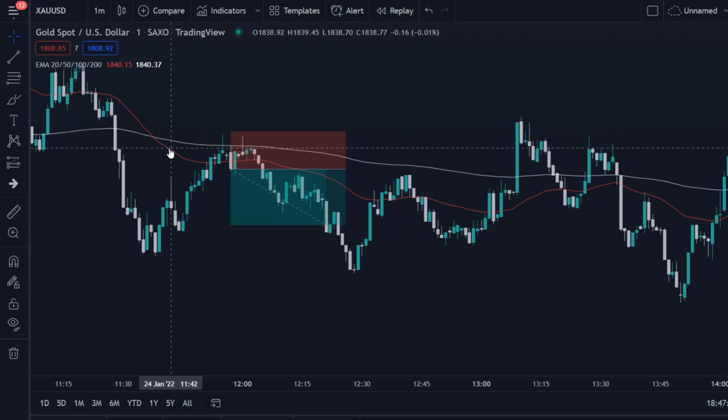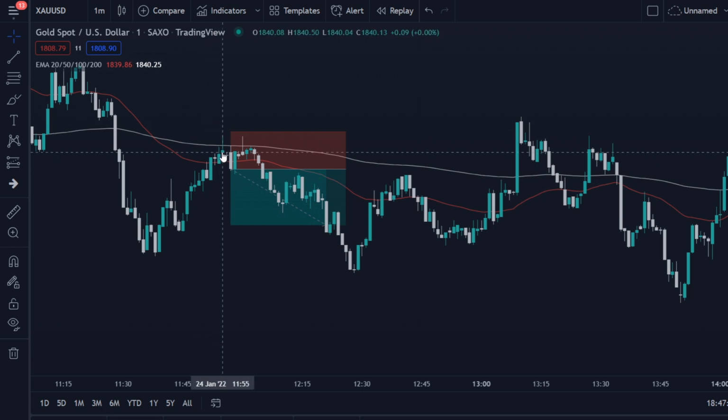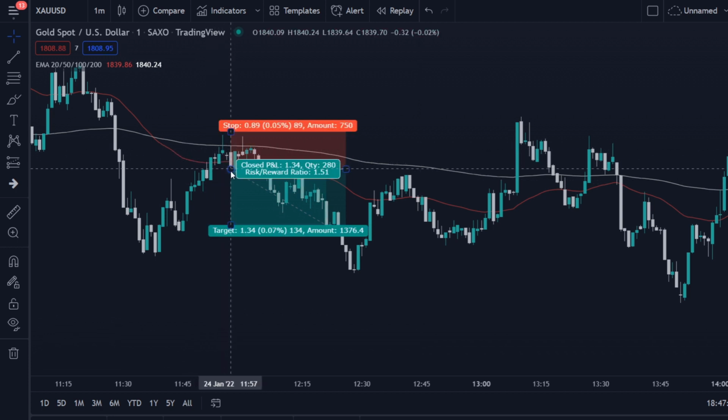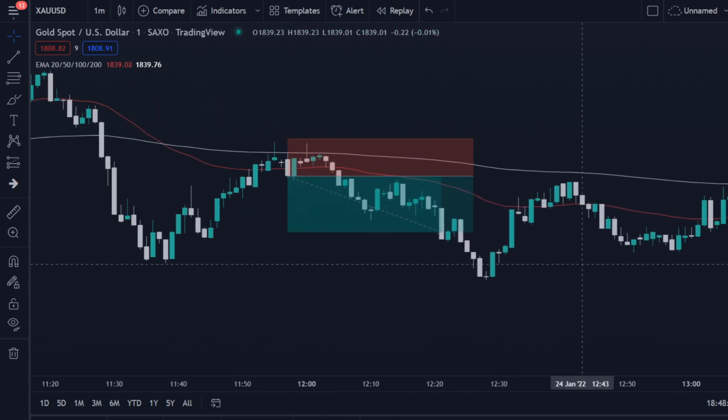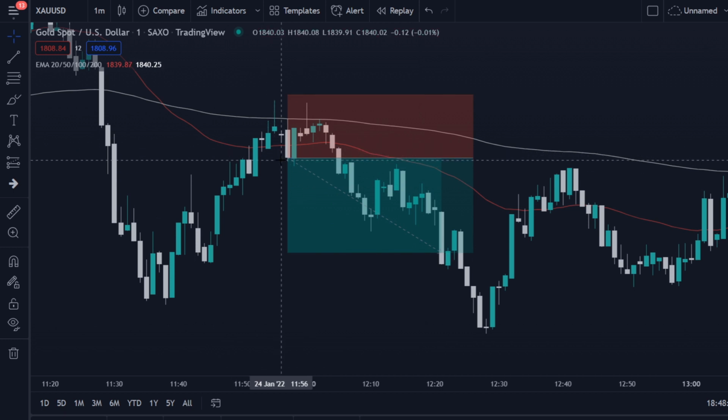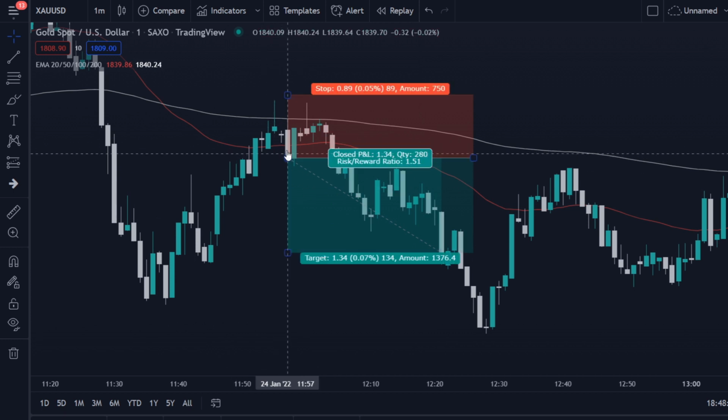Let me show you one more example. About here we see that our 50 exponential moving average crosses the 200 to the downside, which means that we're only taking sell orders. The price goes to the upside, it crosses the 50, and then it crosses the 50 again to the downside and closes also below the 50 exponential moving average. As you can see, this candle is a sell candle, a bearish candle.